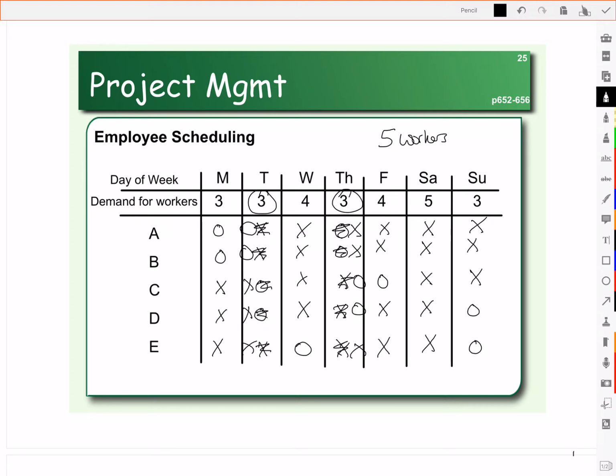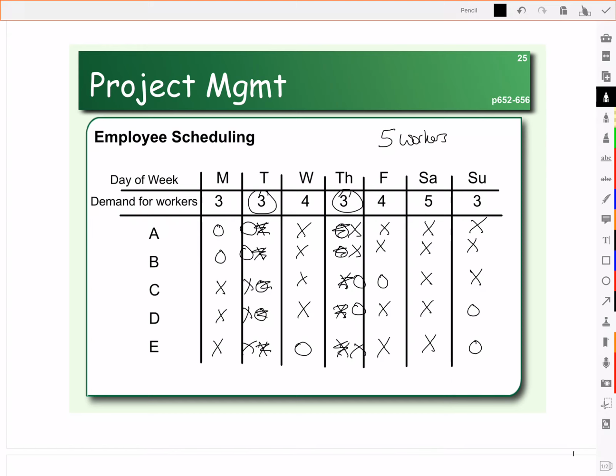Okay, so now we would look at, is there any other switches that can be done that would provide a better schedule for workers D and E? Because right now they have 2 days off that are not consecutive. And there's not always a solution that will give everybody their 2 days off in a row, right?